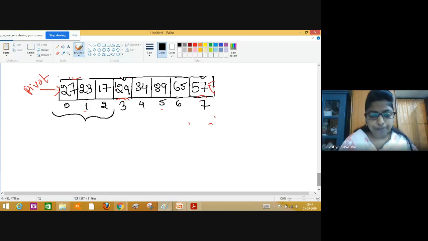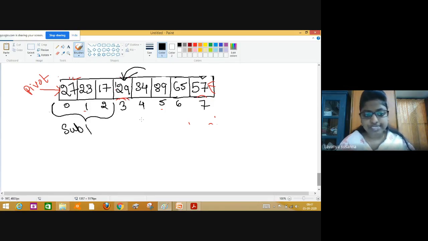Left of the pivot element will be the first sublist, the left sublist, and take the right sublist after the pivot element. 27 came to the pivot position and 29 came to the A of J position.